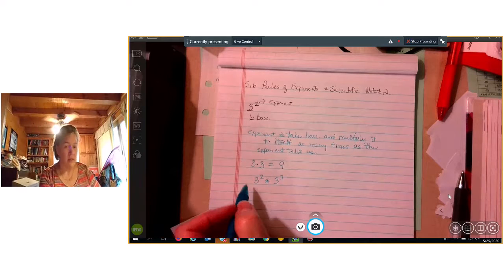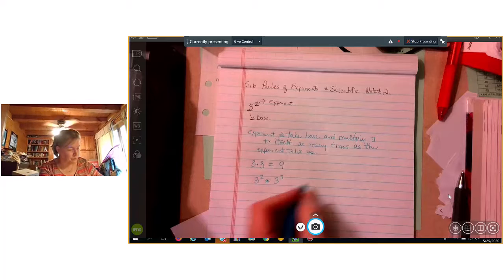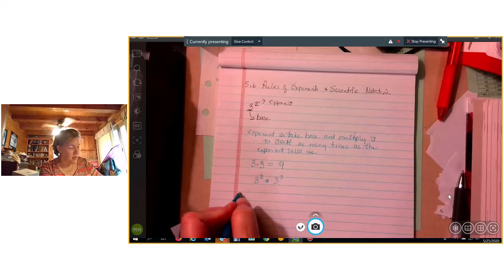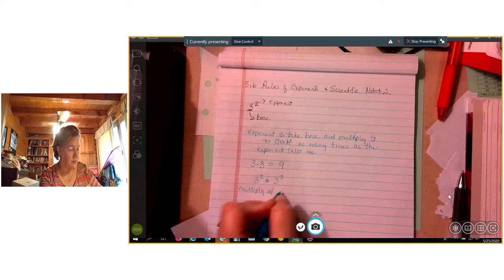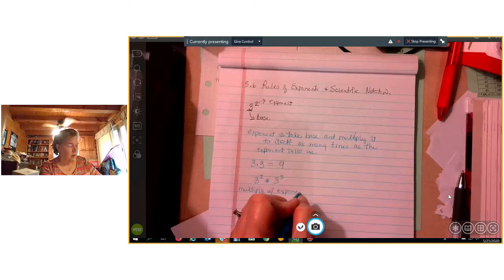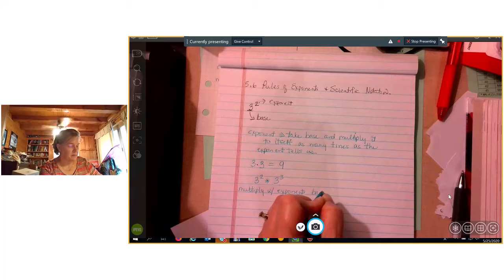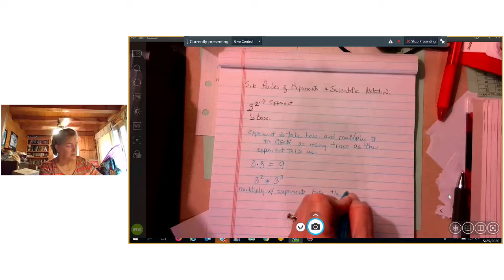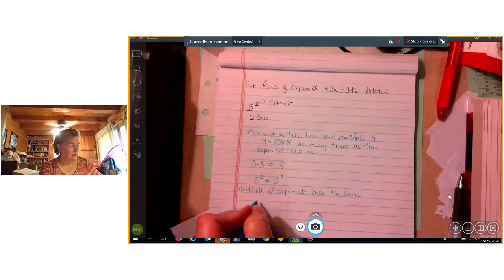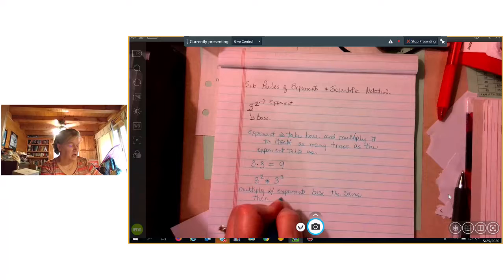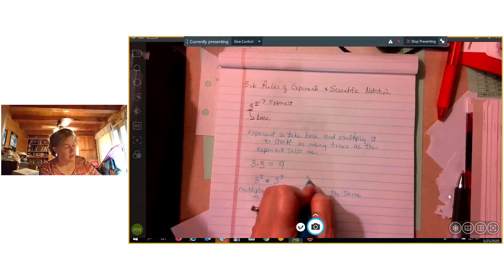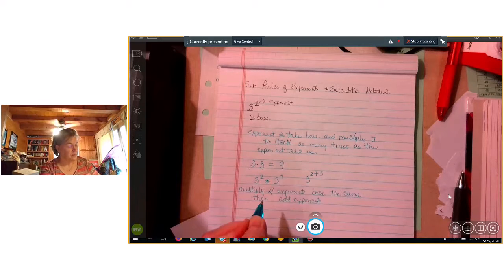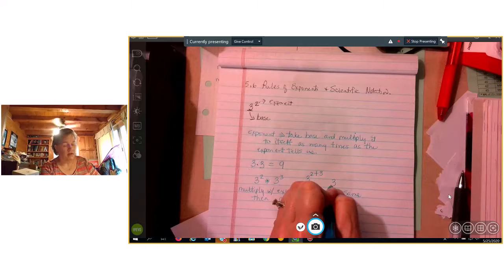If our bases are the same, so when you multiply with exponents, with the base the same, then you add exponents. So this one would be 3 raised to the 2 plus 3. So this would be 3 to the 5th.